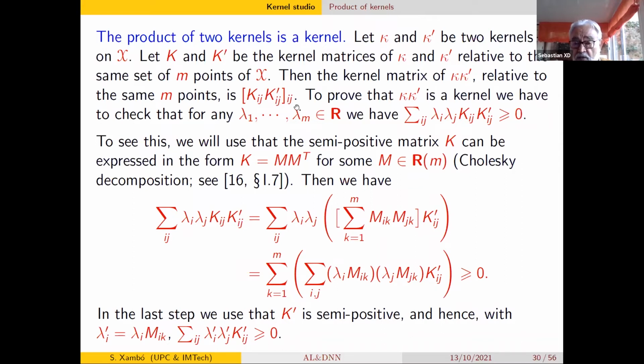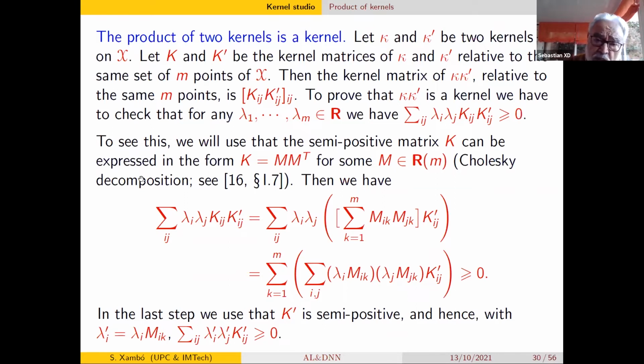It depends on ij, so it's an m times m matrix, and since it's a product, it's K ij times K prime ij. Now, to prove that kappa kappa prime is a kernel, we have to check the Mercer condition, that this sum, for any lambdas, with respect to i and j of this expression, K ij K prime ij, is non-negative.